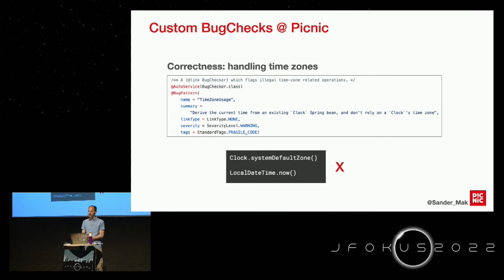So just to give you a little bit of an idea of what we do, the kind of checks that we add fall into 3 categories. So first and foremost, we're also interested in enforcing correctness of the use of APIs, for example, in our code. So one example is that we have a check that actually verifies if you're using time handling code, that you're not assuming that the default time zone is the one to be used, but that you're actually providing one, that you are using overloads that are specific about time zones.